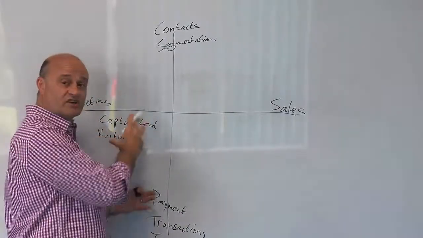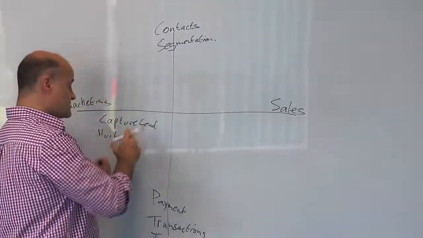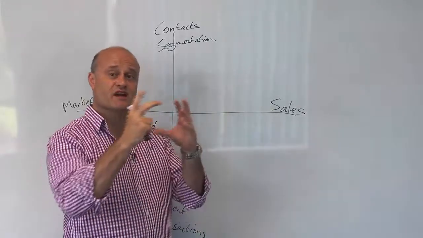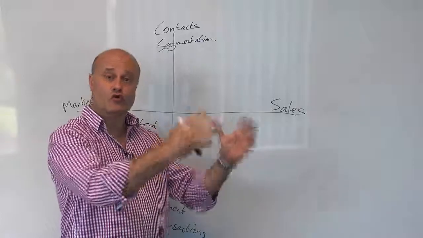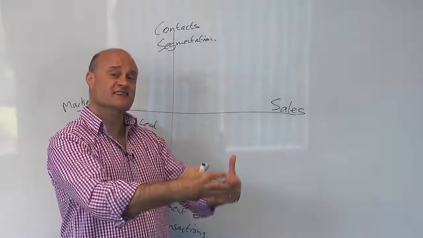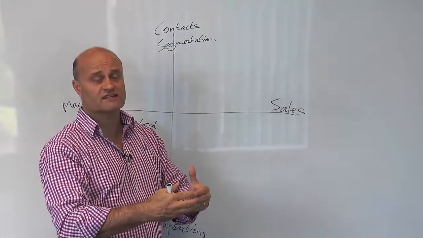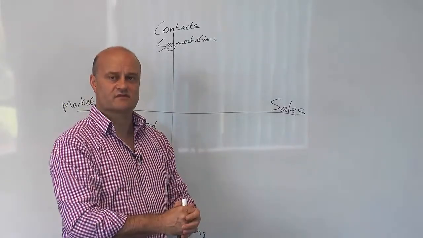We want a system that will nurture them automatically. This is the automation axis. I want to be able to set the system up so that when somebody comes in and they're interested in a particular ebook or coupon or some kind of lead magnet, I'd like to send it to them. I'd like to know whether they've downloaded it or not. I'd like to send them some more information. I'd maybe like to ask them some questions.